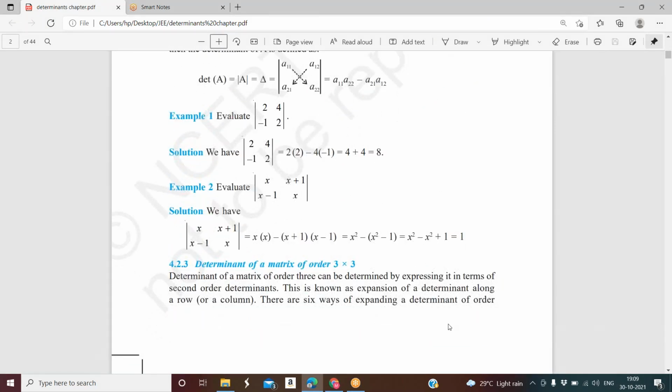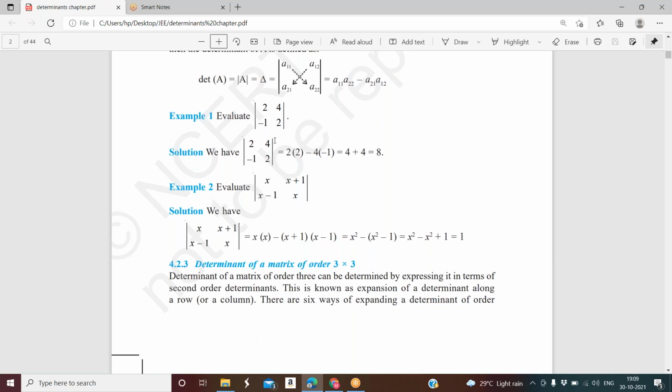See some examples. Evaluate the determinant 2, 4, minus 1, 2. The 2 by 2 matrix. We can find determinant only for square matrices. It's a square matrix because the number of rows is equal to the number of columns, which is 2.